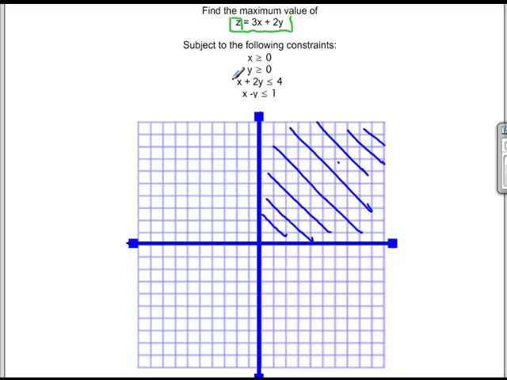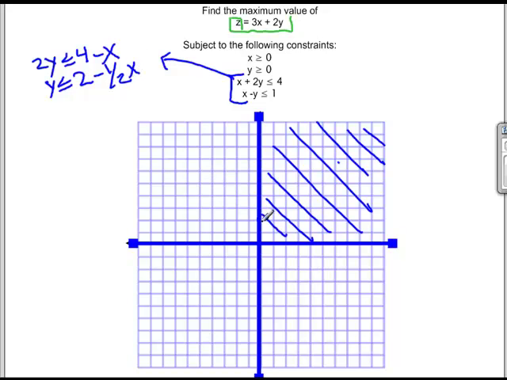But we also have these two lines that are constraints. Okay? And again, you know how to do this from the past topic, but I'm just going to go over this again. This line is actually 2y is less than or equal to 4 minus x, which is y is less than or equal to 2 minus 1 half x.